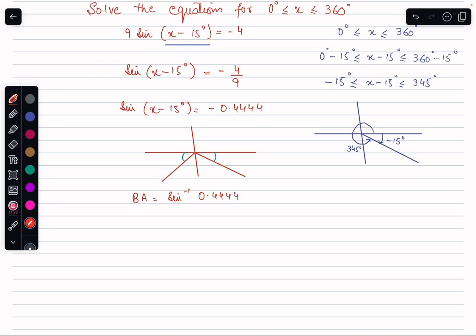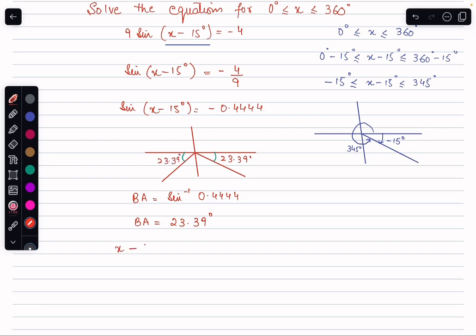So this basic angle value should come out to be 23.39 degrees. The basic angle value here is coming out to be 23.39 degrees on both the sides.